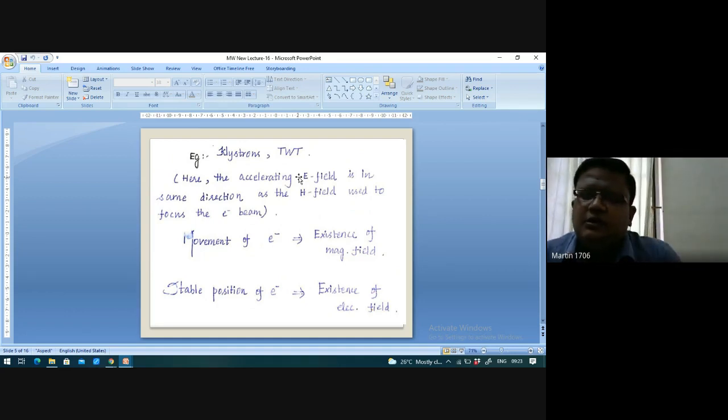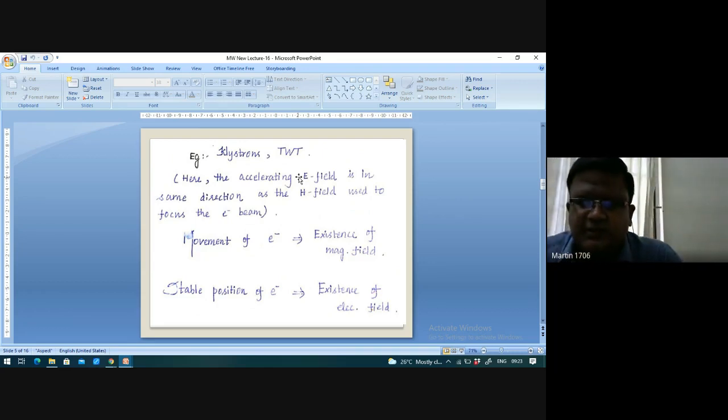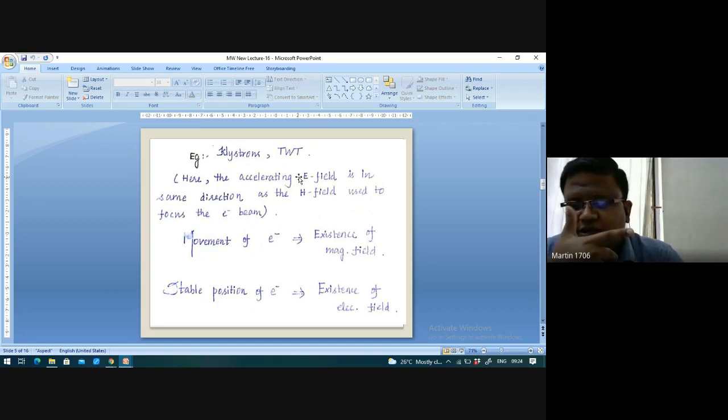Once we apply the potential, as an engineer, someone will ask whether an electric field and magnetic field occur in that device or not. Yes, exactly. It will produce the electric field and magnetic field, which are transverse to each other and work under the principle of Fleming's right hand rule.